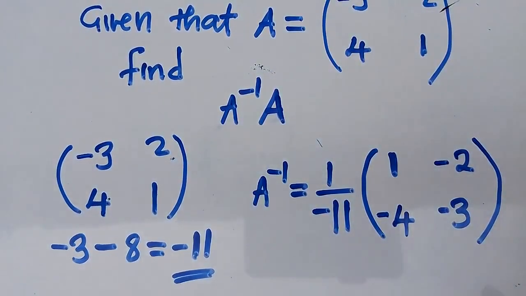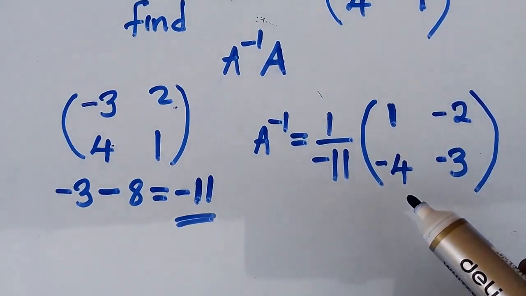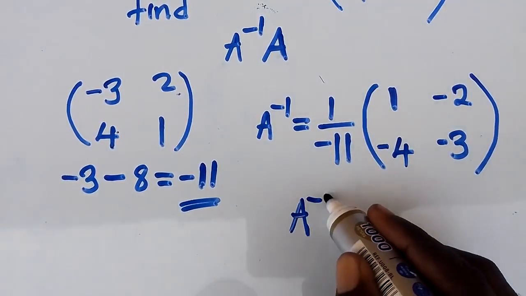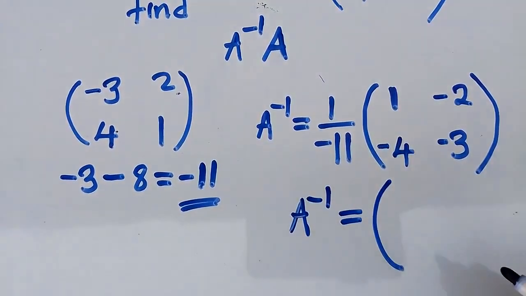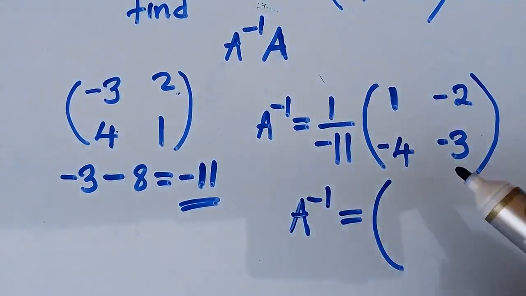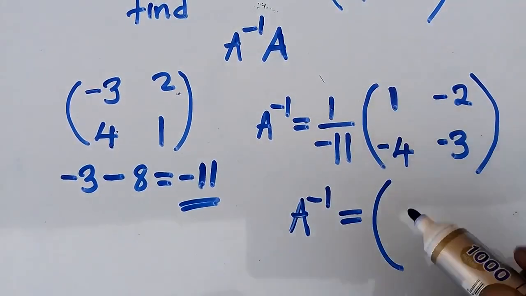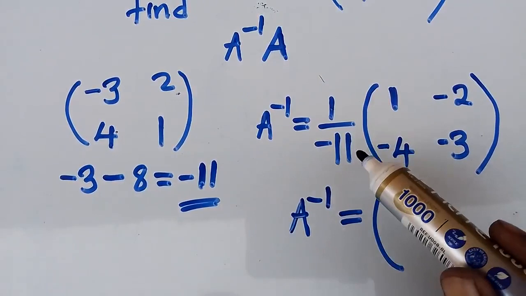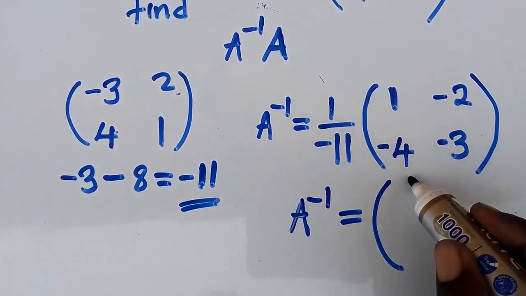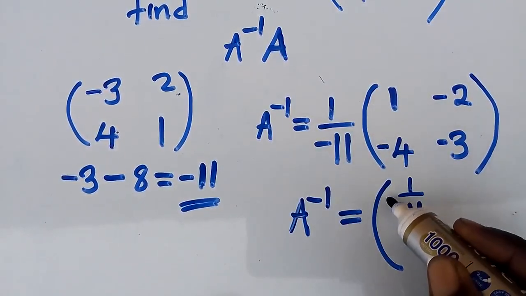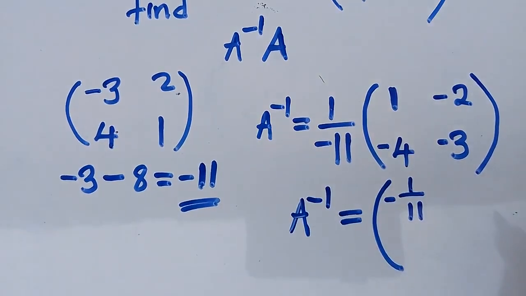This is what I'm going to have. Now I can further simplify this to come up with one answer, which is the inverse. I start multiplying: what is 1 times 1? It is 1 over negative 11.